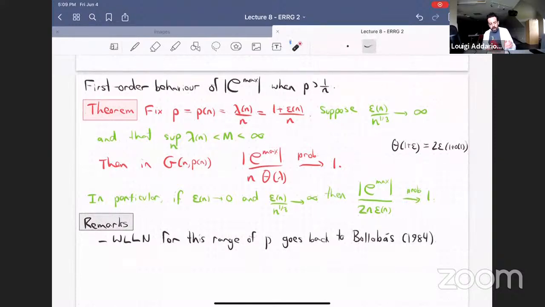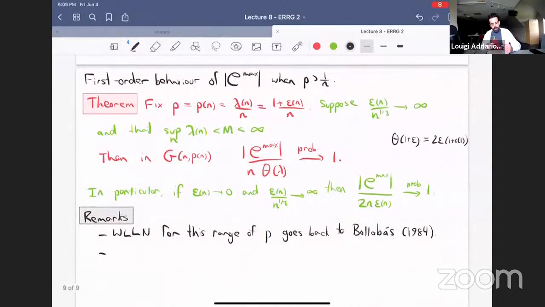I think he didn't quite get down to this assumption. He needed this ratio to go to infinity at some logarithmic rate, if I remember correctly. So he almost did this, but maybe not the full range. But dealing with epsilon tending to 0 in the first place was certainly his result.